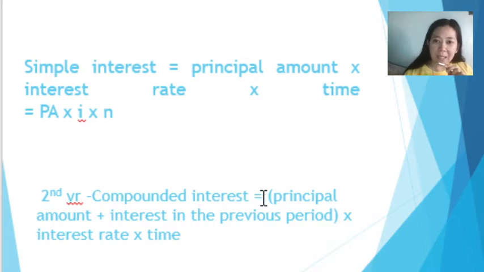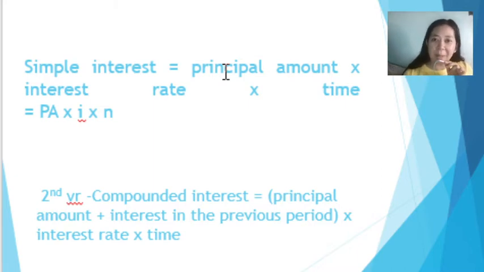It is somewhat the same as the simple interest. However, we will add the interest that we have earned in the previous year or previous period to the principal amount to get the interest in the current period.